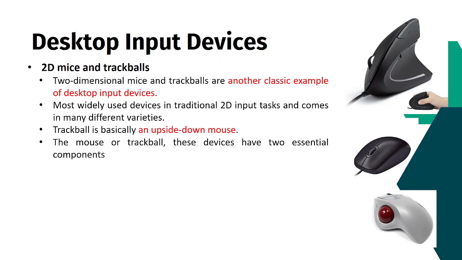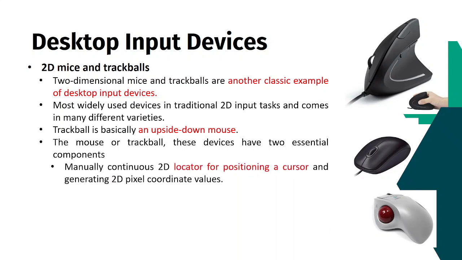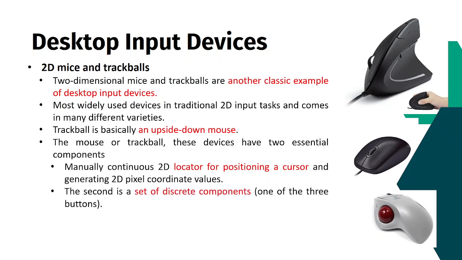Now the mouse and the trackball, these devices have two essential components. The first is a manually continuous 2D locator for positioning a cursor and generating a 2D coordinate for a pixel, and the second generates a discrete component, maybe the buttons, or one of the three buttons which are available.